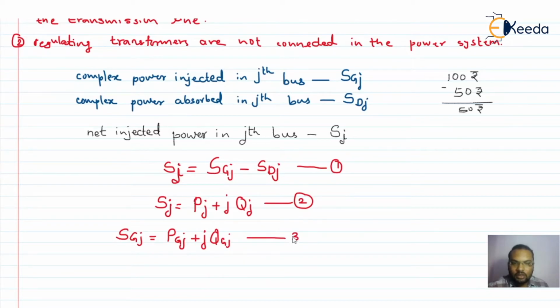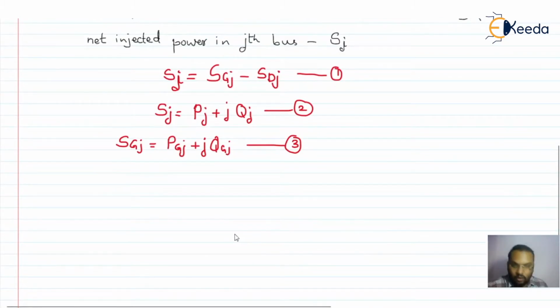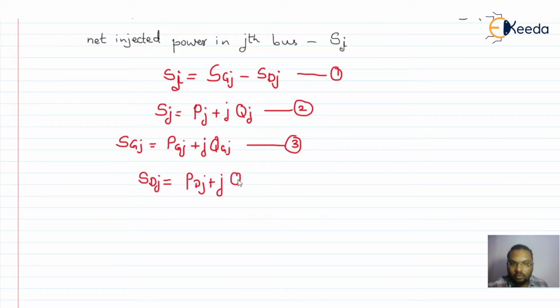Let us call this equation number 3. Same way, can I go for the complex power absorbed at the Jth bus? Will it be real power absorbed at the Jth bus plus j times the reactive power absorbed at the Jth bus? So let this be equation number 4.